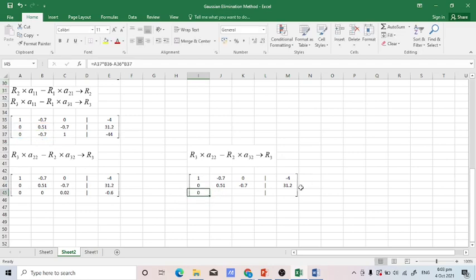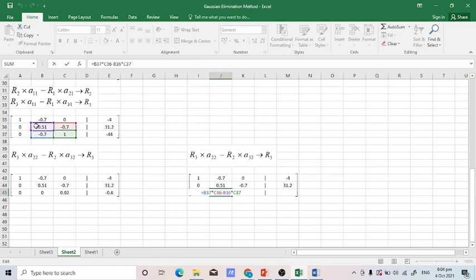Ano mangyayari kapag nag-copy paste ako? Hindi na pareho na 0, di ba? Nag-iba yung dapat ma-maintain, A22 at saka A32. Umusog. 'Di ba? Umusog siya.